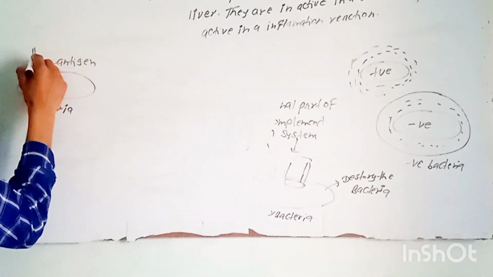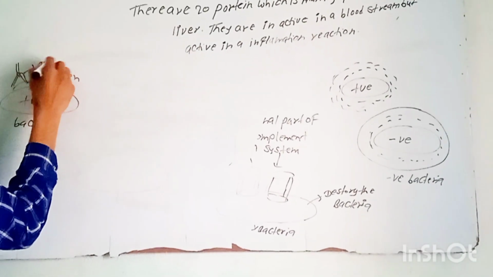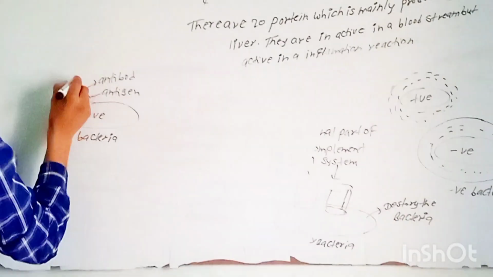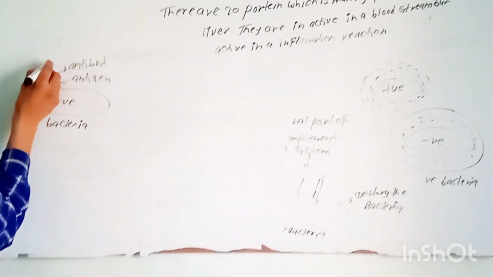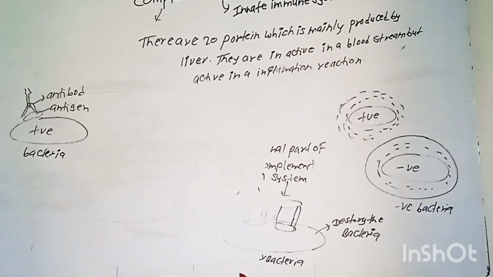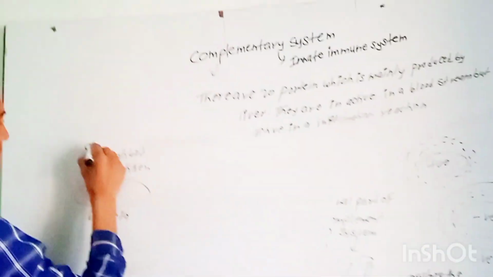Then there is the attachment of antibody, and then the outgrowth. This outgrowth attracts the complement protein. At first the C1 complement protein comes.